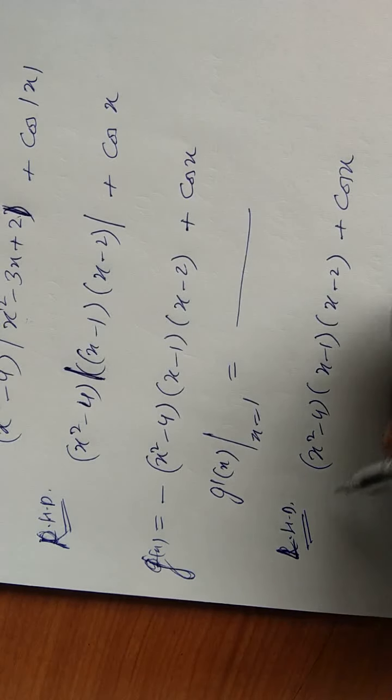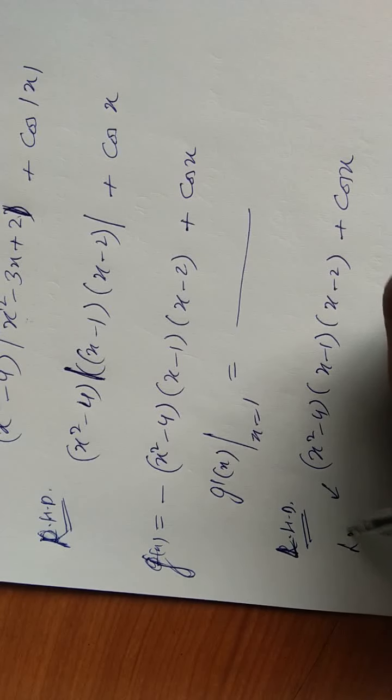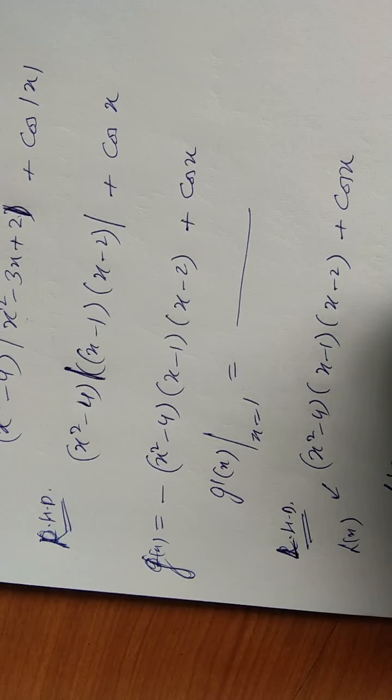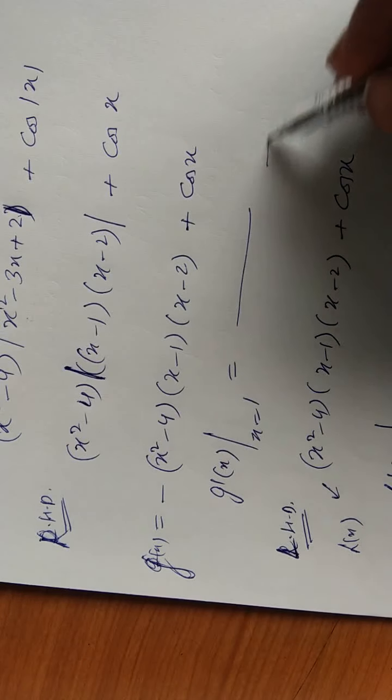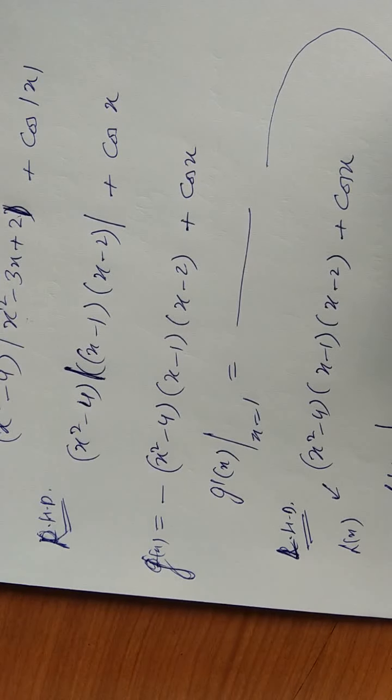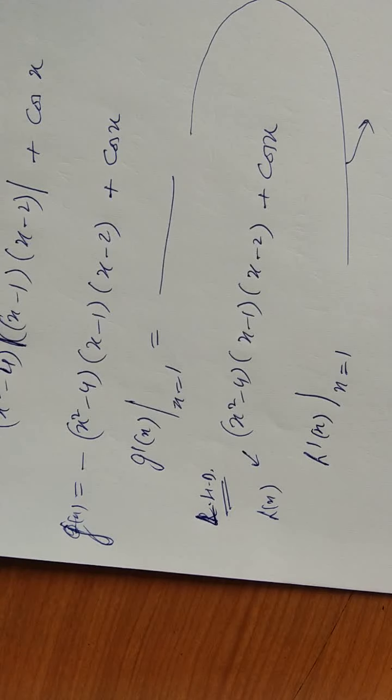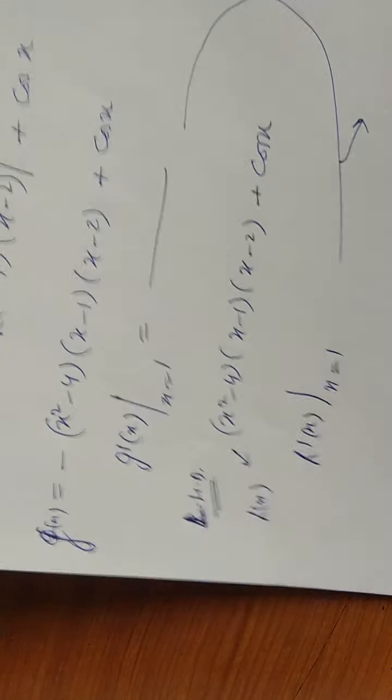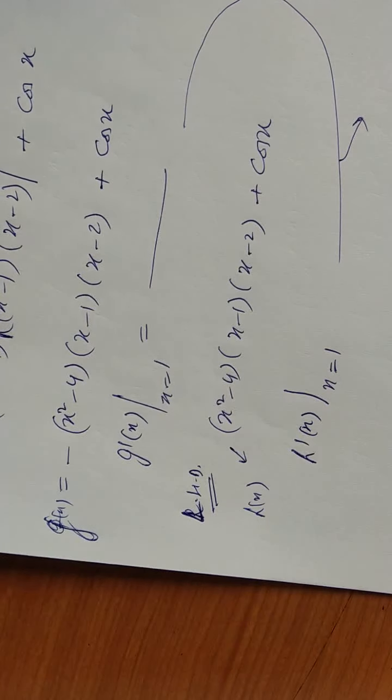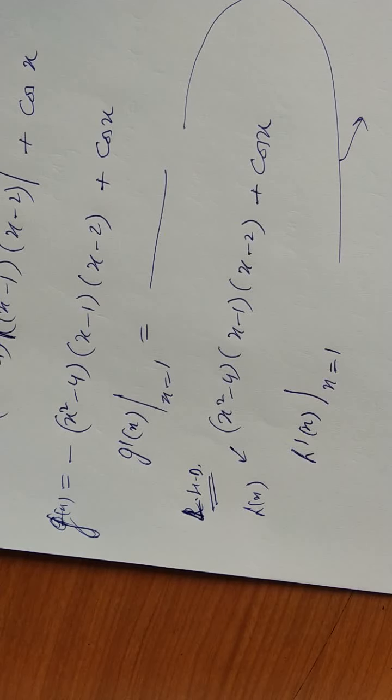Let's assume it to be h(x). Now calculate h dash x at x is equal to 1, and if the value from here and here comes out to be same, the function is differentiable at x is equal to 1. Similarly, we can find the other options. Moving on to the next question, question number 46.